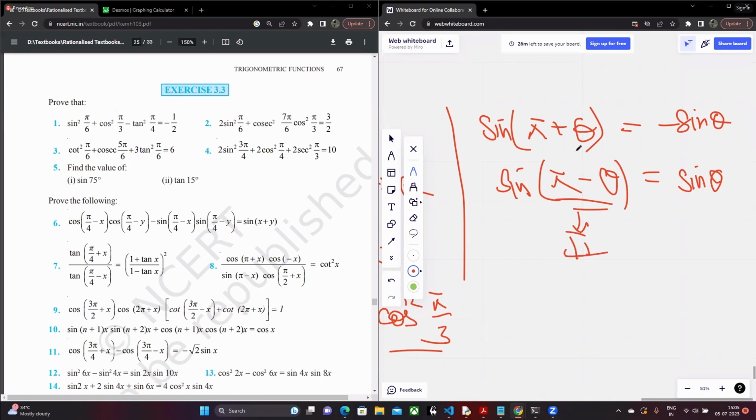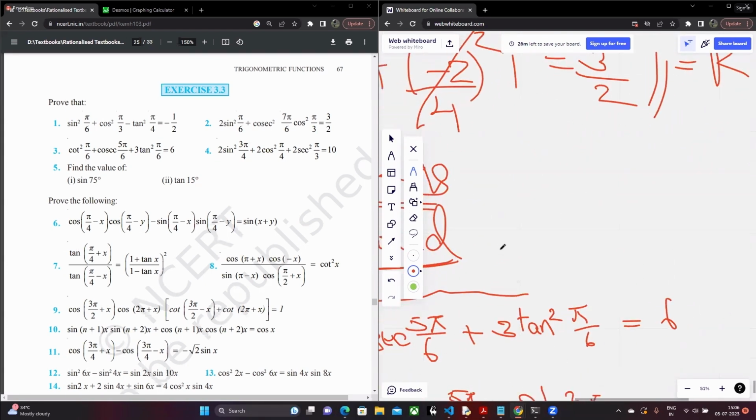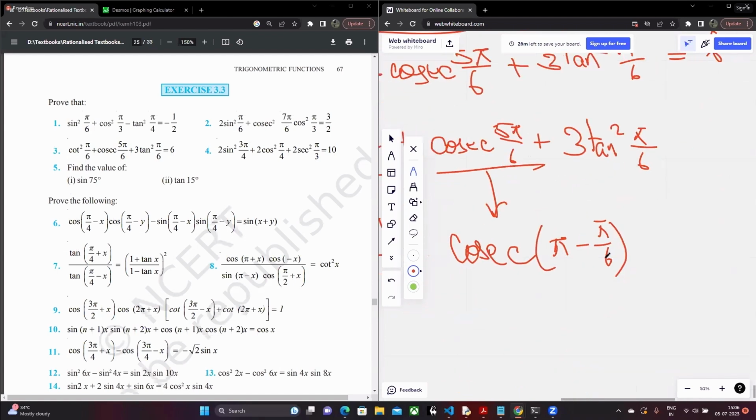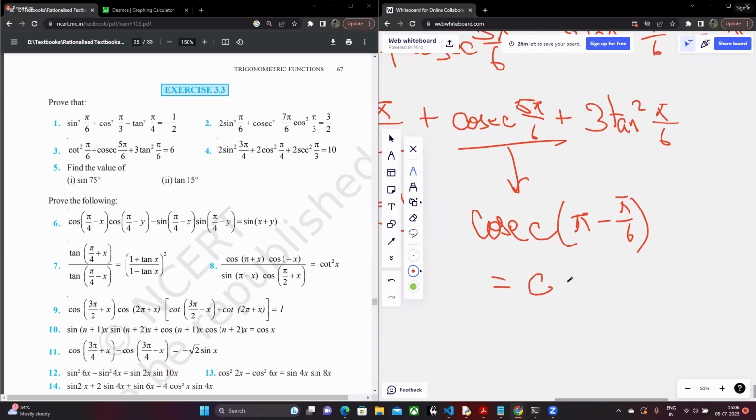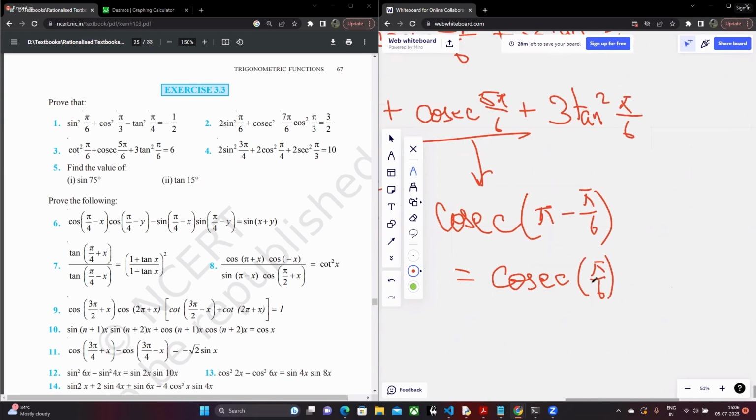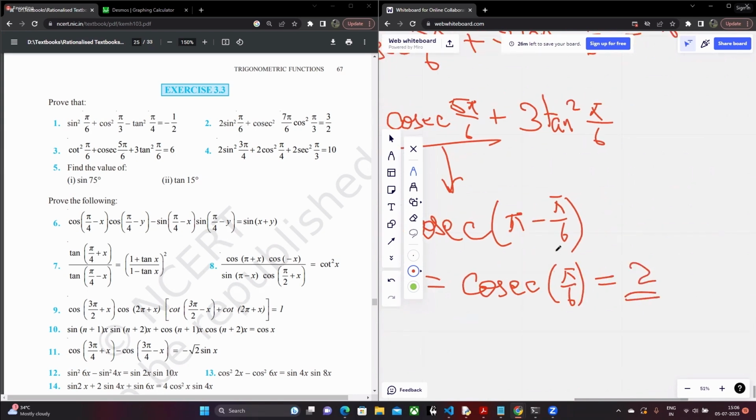Pi is basically 180, so this is sine of 180 degrees minus theta in degrees. This lies in the second quadrant, and in the second quadrant sine is positive. Cool. So you have cosecant of pi minus pi by 6, which is equal to cosecant pi by 6, which is equal to 2.